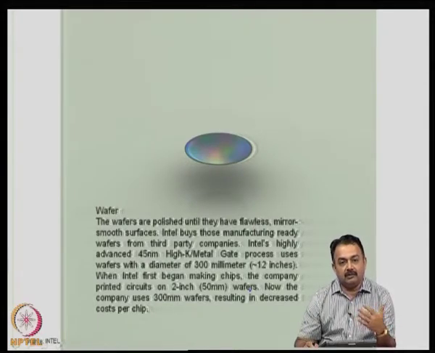So, there could be companies in this industry which specialize in the crystallization process, getting the ingots done to the required sizes and diameters, and then slicing them into wafers, and distributing these wafers to chip manufacturing companies like Intel or AMD and so on. That is the point I want to make here.